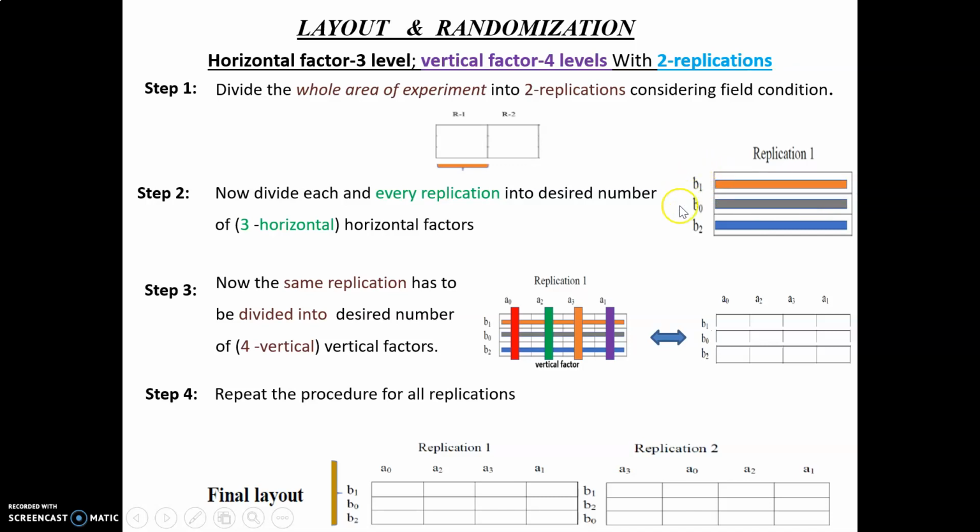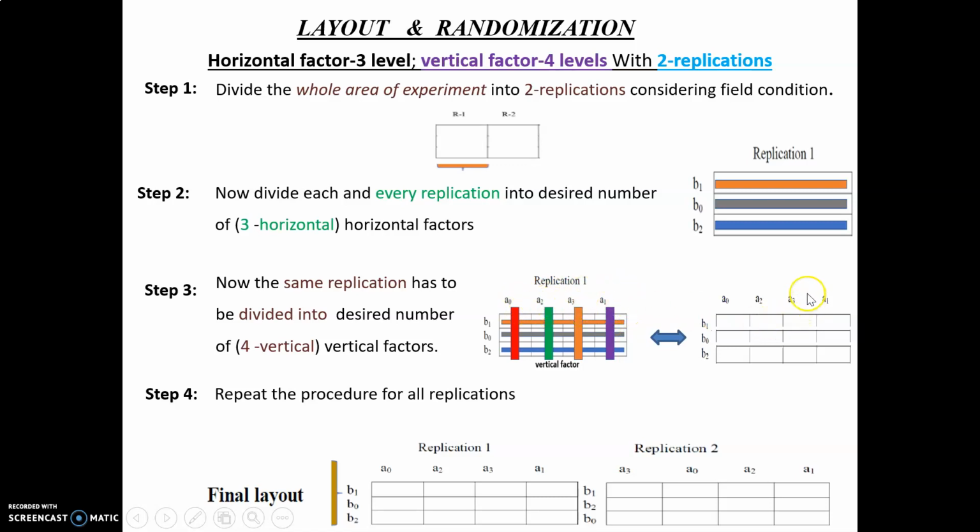That's why replication 1 is divided into 3 plots in a horizontal direction. Afterwards, we have to assign our horizontal factors in a randomized manner. Now we have to divide the same replication 1 into 4 vertical factors. Later on, we have to assign our 4 levels in a randomized manner.